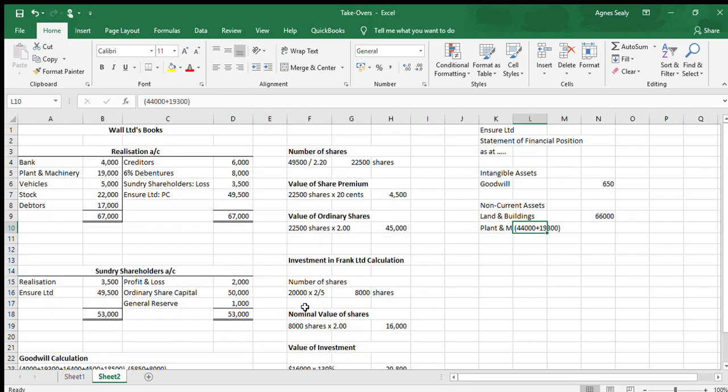We combine those two figures, which gives us a total of $63,300 for plant and machinery. Then we have vehicles. We do the same thing for our vehicles. Ensure has vehicles of $25,000, while Wall taken over is $45,000. So we're going to combine the two of those together.